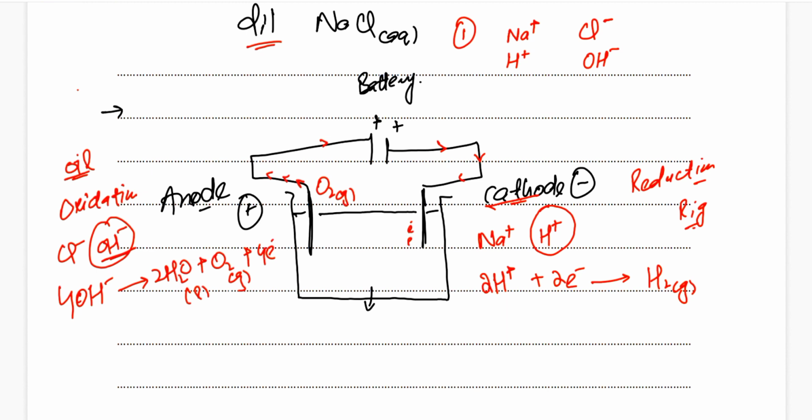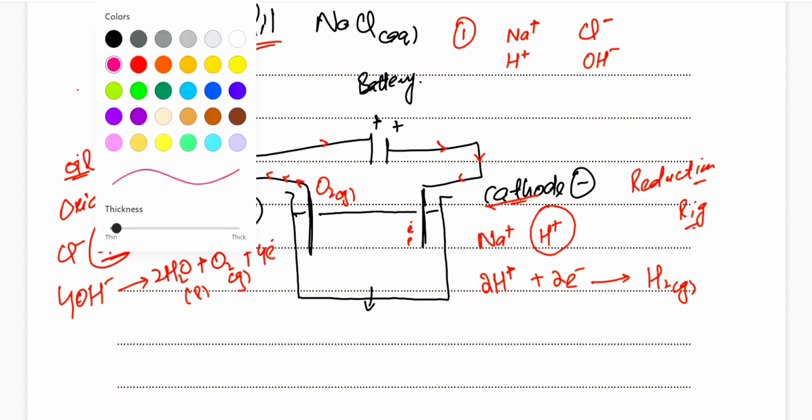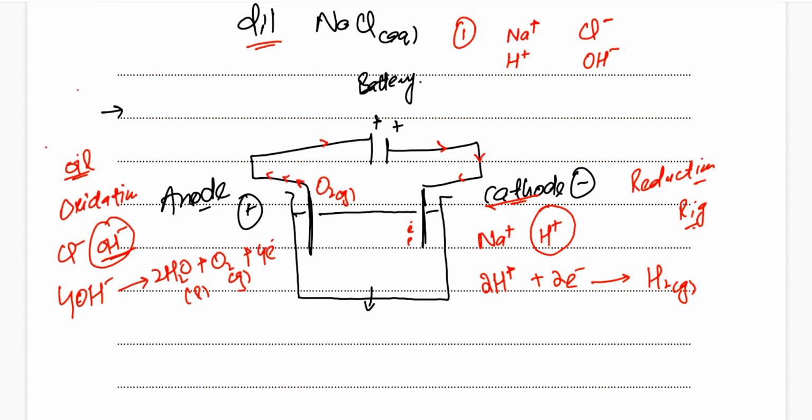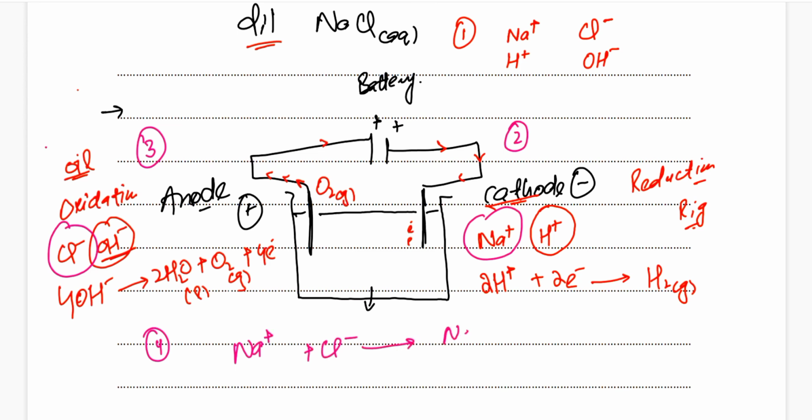What's the remaining? You identify the fourth step. This is the third step. First step, what happens on the cathode, you can take the anode first. This is the third step. What happens? Summary, what is the remaining? So we have to identify that sodium is remaining and chlorine is remaining, Na plus and Cl minus, so NaCl.